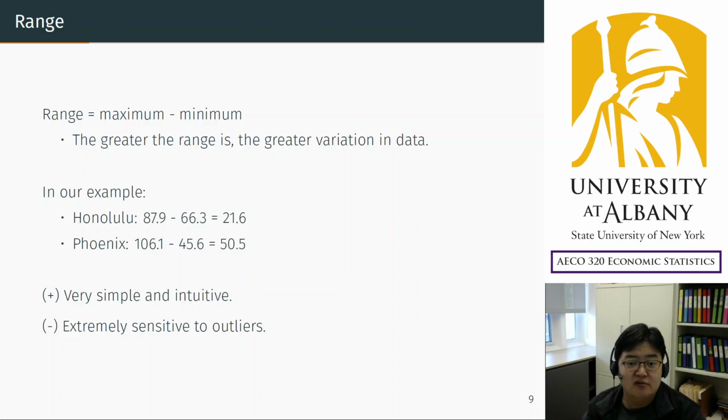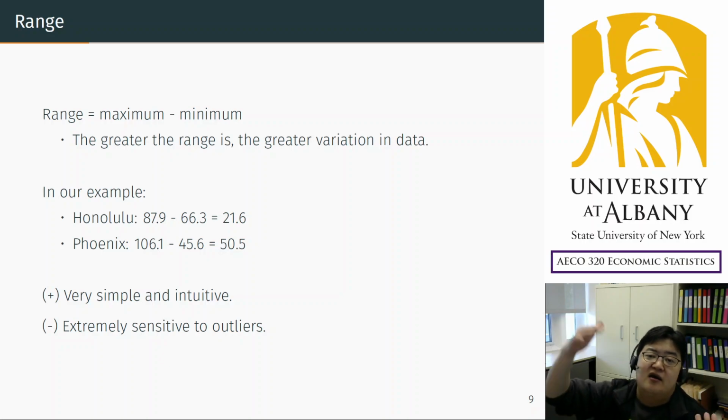In our example, if you have monthly average data, Honolulu's hottest month was 87.9 and coldest month was 66.3. So their difference becomes 21.6. That means in Honolulu, the monthly average temperature varies only 21 degrees a year.